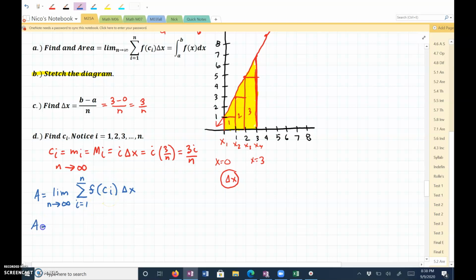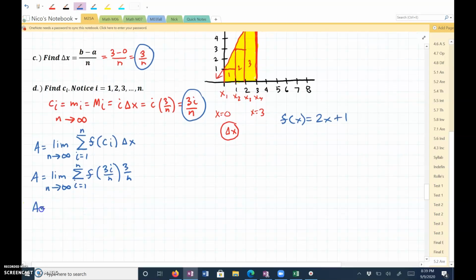And we know that c sub i is right here, so this is going to be 3i over n, and delta x is 3 over n. We also know that f of x is equal to 2x plus 1.